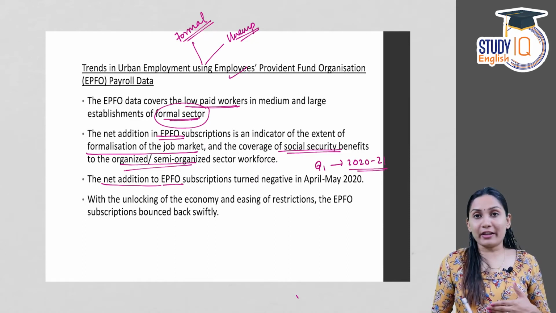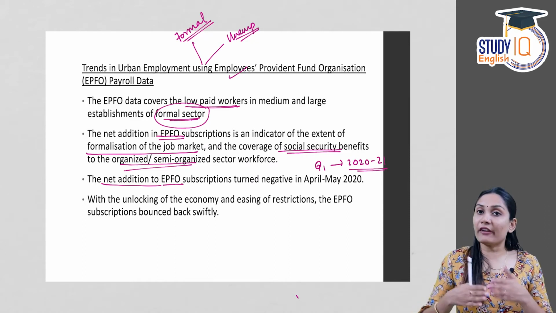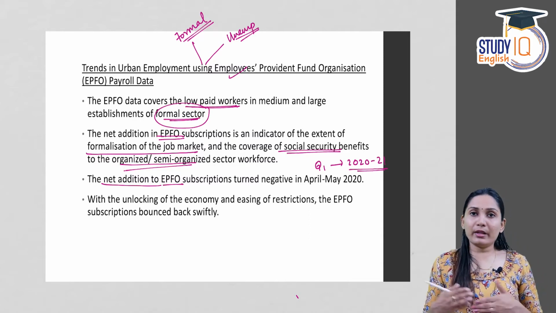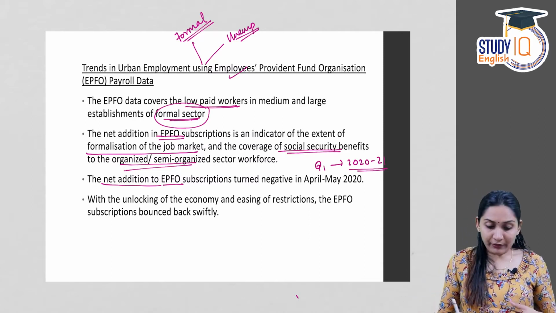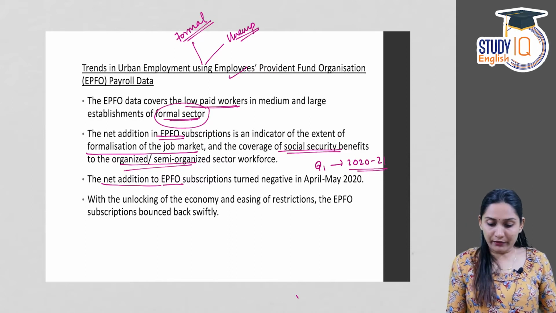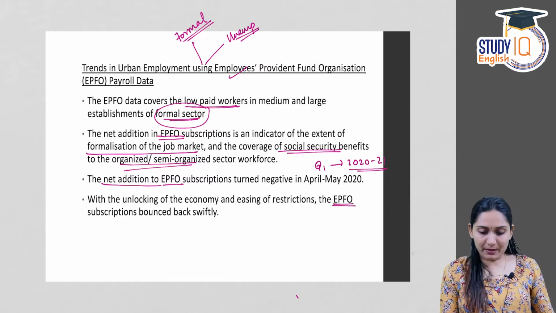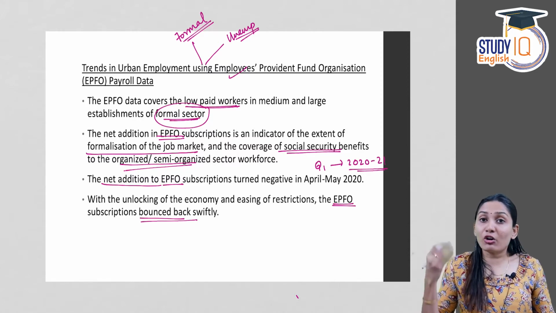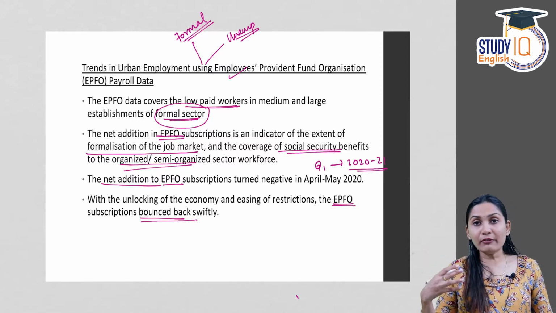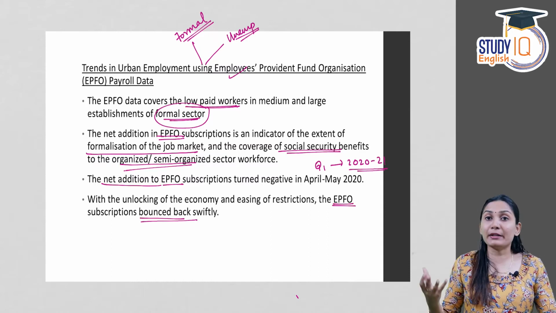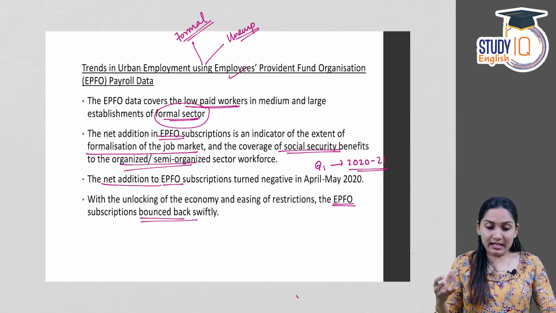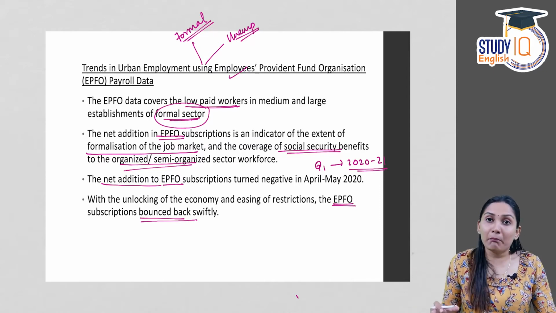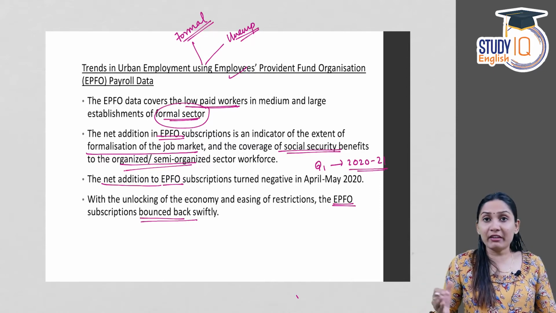With the unlocking of the economy, that is, easing of restrictions after the lockdown during the COVID-19 pandemic, the EPFO subscriptions bounced back swiftly. So the EPFO subscriptions had gone down during the first phase of the pandemic, especially during the first few months, that is the Q1. But later we see that the EPFO subscriptions have bounced back very swiftly, very fast.